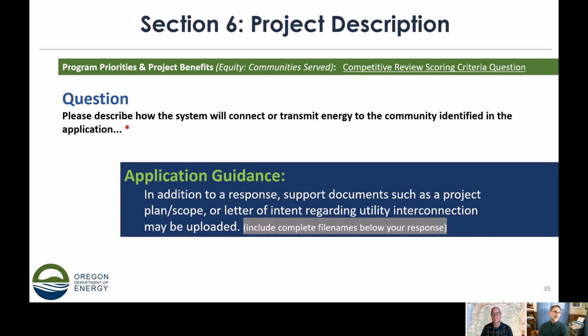But what we're looking at is how the system is going to connect in and transmit energy to that community. Is that going to be through interconnection? Is that going to be into an energy storage based system? And as much detail as you can provide here. Clay, do you have some additional guidance here?